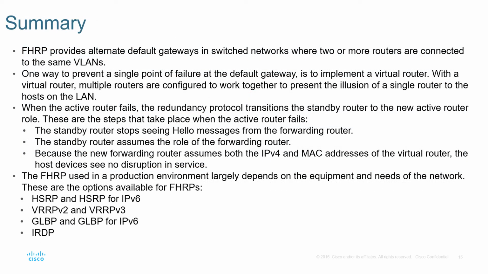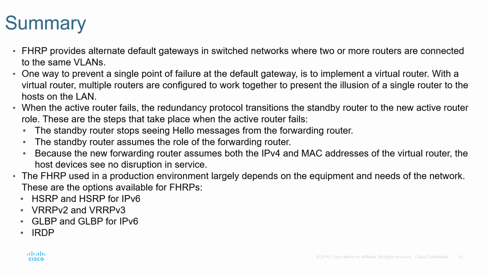As a summary, again, FHRP provides an alternate default gateway in switch networks where two or more routers are connected to the same VLAN. One way to prevent a single point of failure at the default gateway is to implement a virtual router. With a virtual router, multiple routers are configured to work together to present the illusion of a single router to the hosts on the LAN.